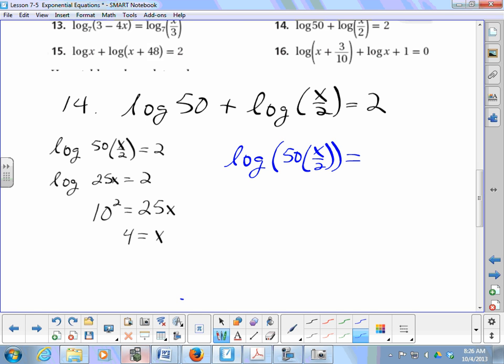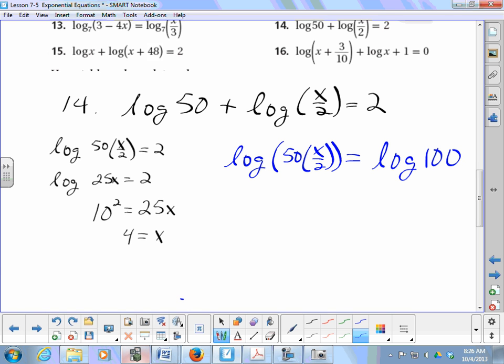Now, what's my base here? Base is 10, right? So what's 10 squared? 100. So on the right-hand side, I could actually change this to the log of 100. Think about that for a second.